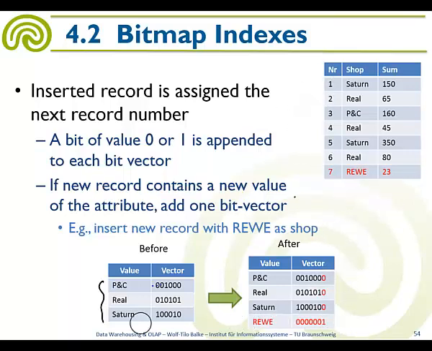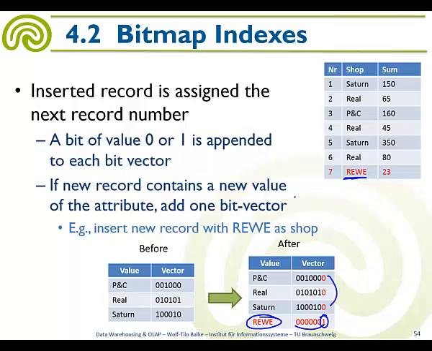If, however, you're inserting something new, so this might happen, you're inserting now Rewe, which is a new granularity that you did not have before, well, it's also quite easy. Then you add a new granularity here, this is Rewe, and it never had a sale before because this is someone new, so the first 6 bits are zeros, and only the last sale is 1.